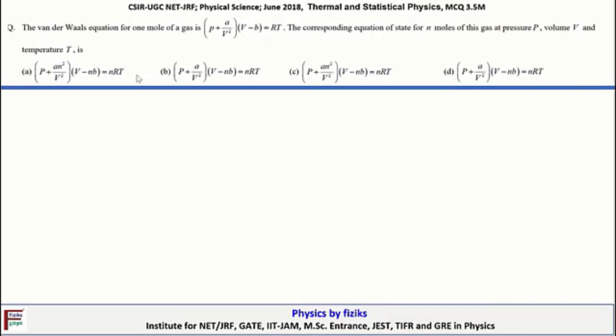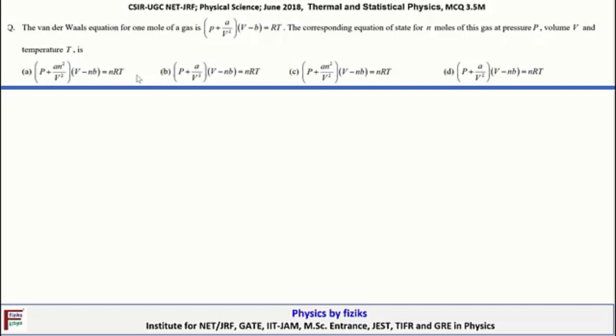Let's take a look at the next problem. We are given the van der Waals equation of state for 1 mole of a gas. The corresponding equation of state for n moles of this gas at pressure P, volume V, and temperature T is to be found.